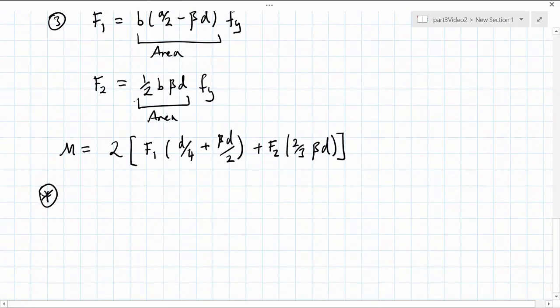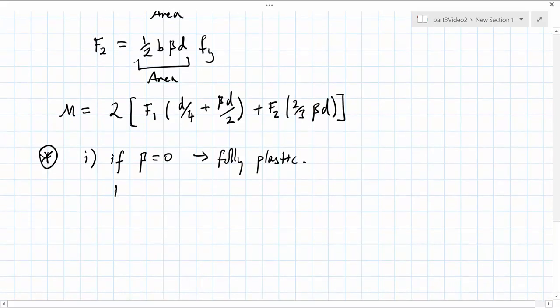To understand the expression above, let us consider two basic scenarios for beta. Firstly, if beta is equal to 0, so the section is fully plastic, then the force F1 is non-zero and the force F2 is 0.